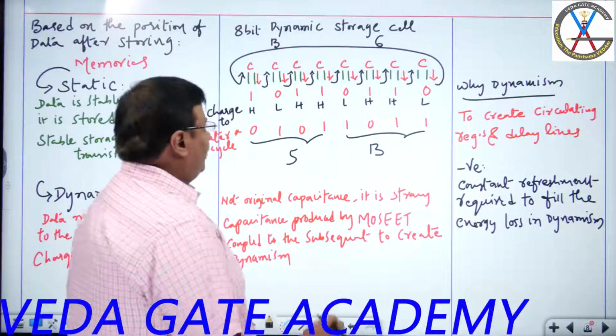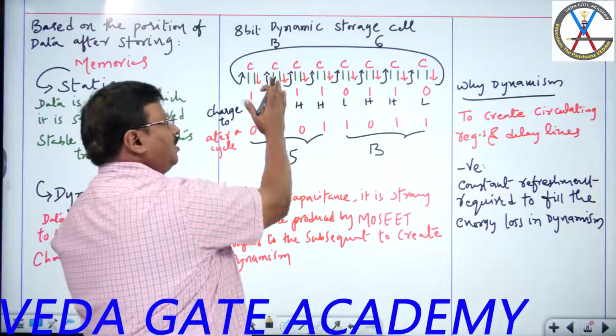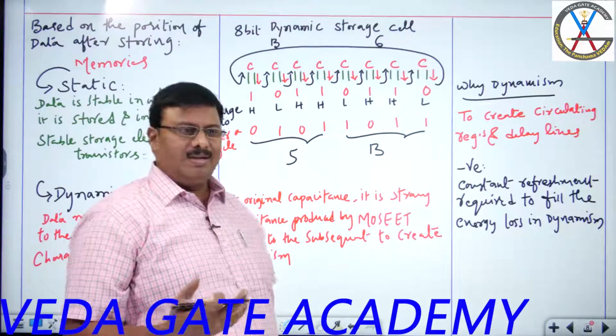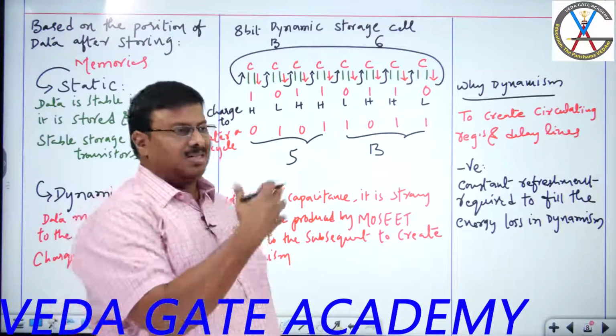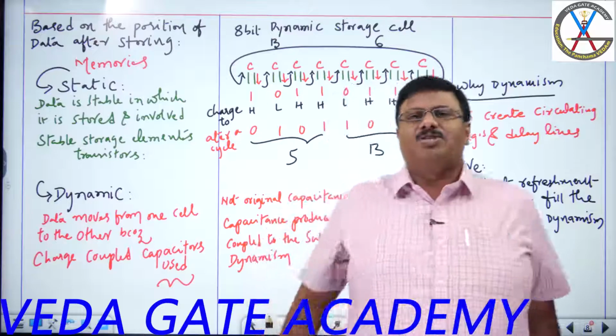Because even after you couple them to transfer this charge to next one, this charge to next one, complete energy will not be transferred, right? Some loss will be there in the transformation. To fill that loss, we need a constant refreshment.